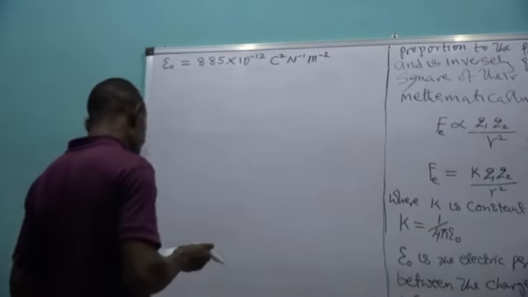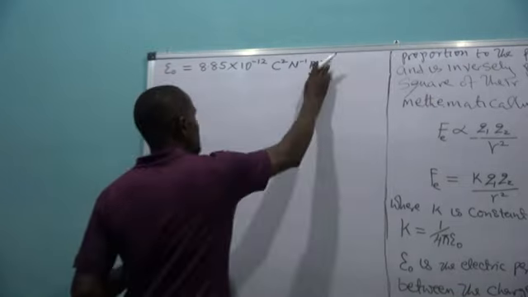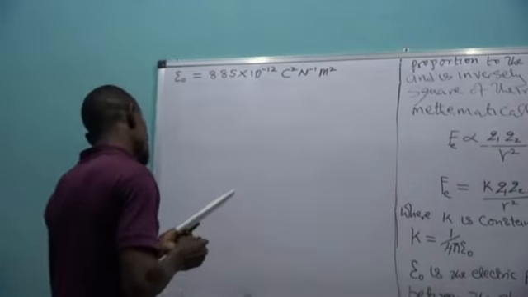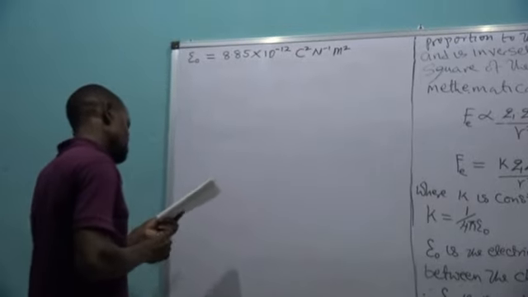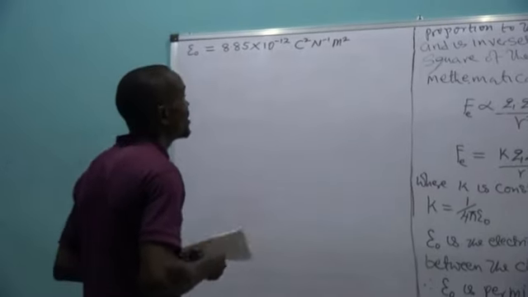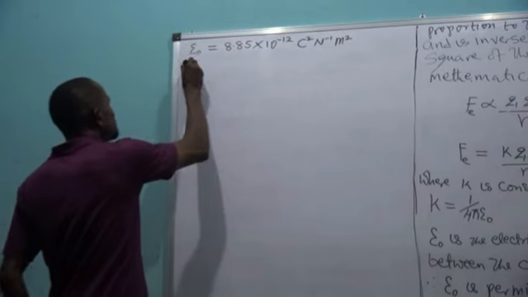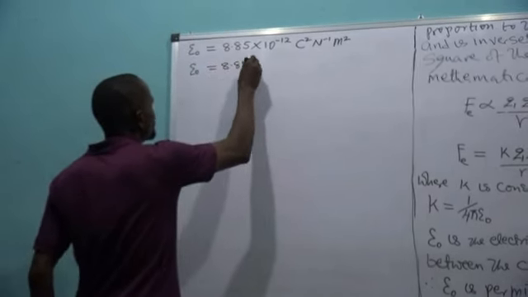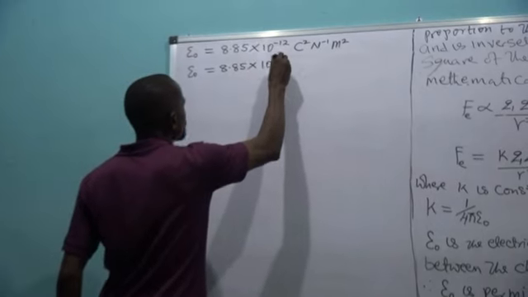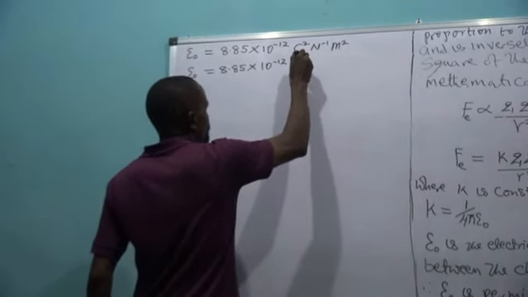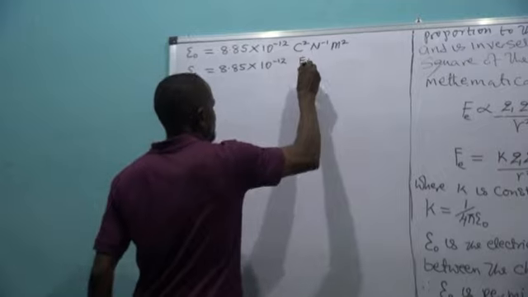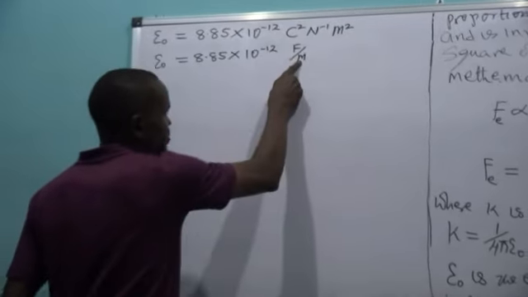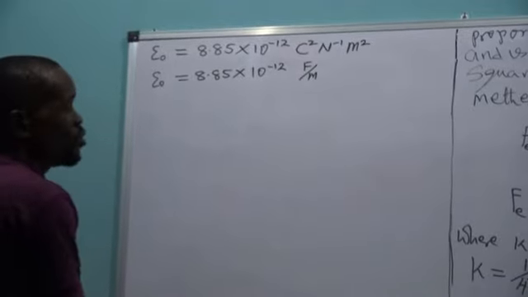Or we say it is equal to 8.85 times 10 raised to the power minus 12 farad per meter. This farad per meter is the unit of epsilon O.